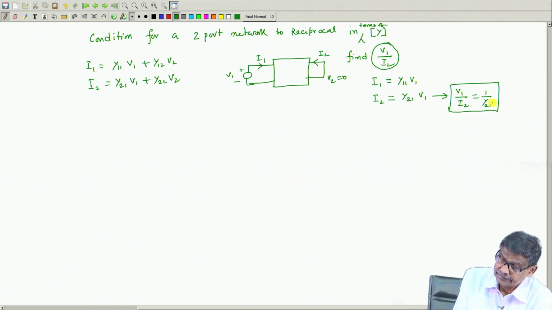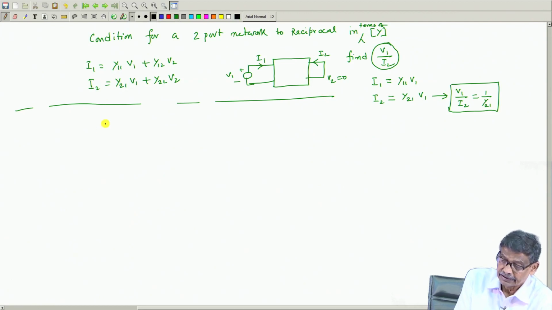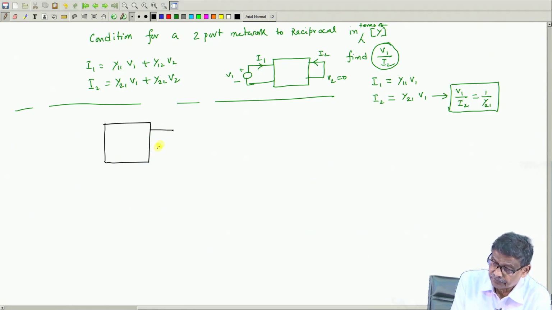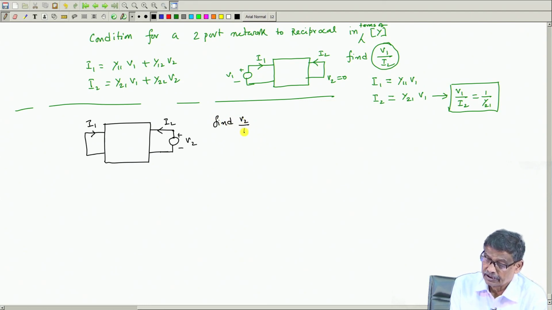Then the same thing I have to do is this: I have to excite the same network from this side with a voltage V 2, and this will be I 2, and this other port I will keep shorted. My goal is to find V 2 by I 1.